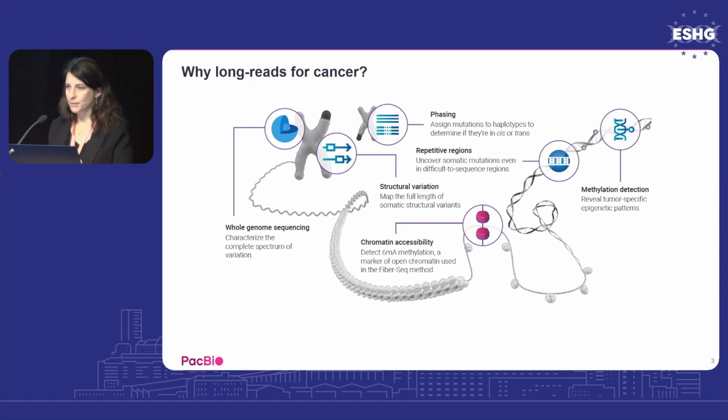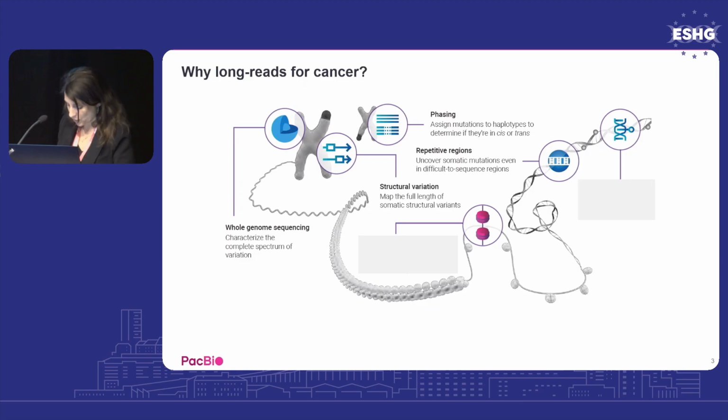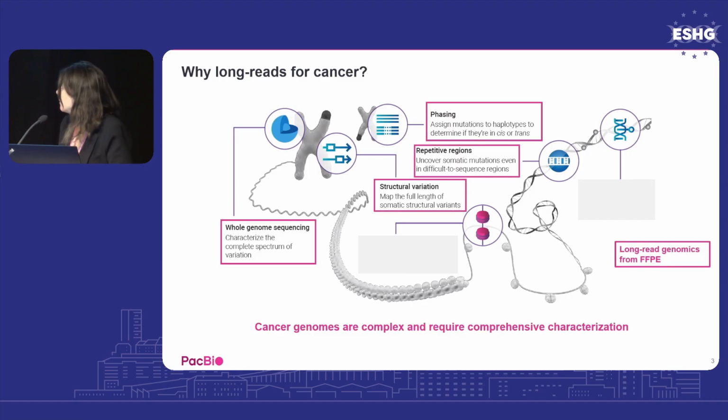So long-read sequencing is, of course, an ideal tool for that. Here you have an overview of what PacBio can do with cancer. But when we work with FFPE, we really focus on those areas highlighted with the box, meaning, of course, WGS, comprehensive variant detection, phasing, repetitive regions, and structural variants.